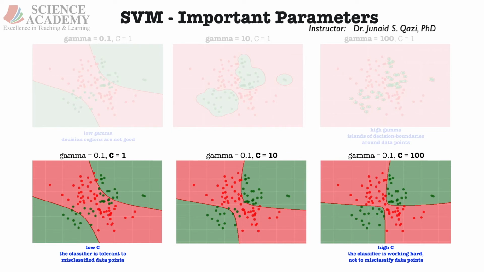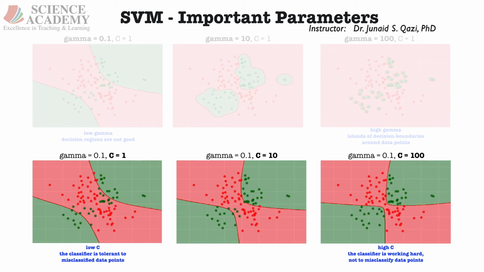The parameter C trades off misclassification of training examples. For a low value of C, we see our model or classifier is tolerant to misclassification, whereas for high values of C, the classifier is working hard not to misclassify the data points.